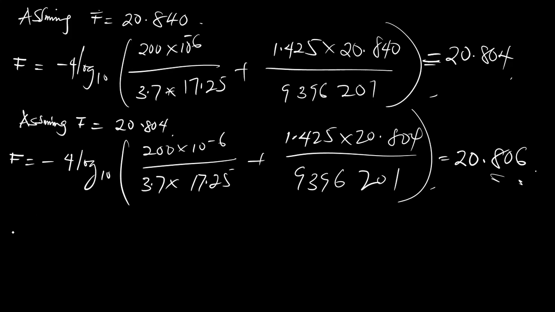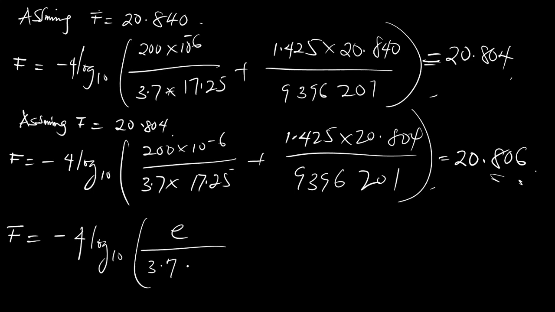Now, let me write the formula for the transmission factor so we can follow up with what we have calculated so far. So minus 4 log base 10 bracket open E divided by 3.7 divided by D plus 1.425 F divided by Reynolds number.